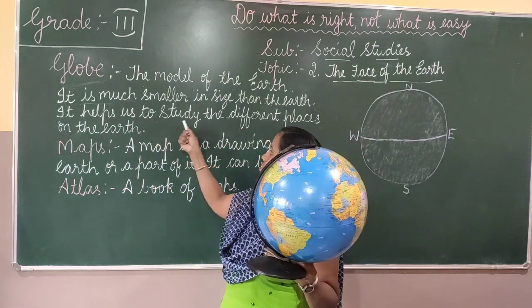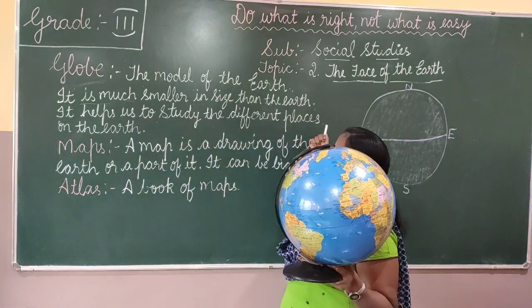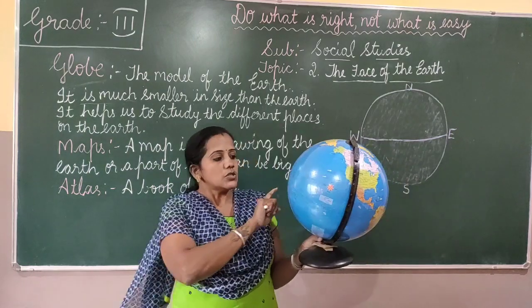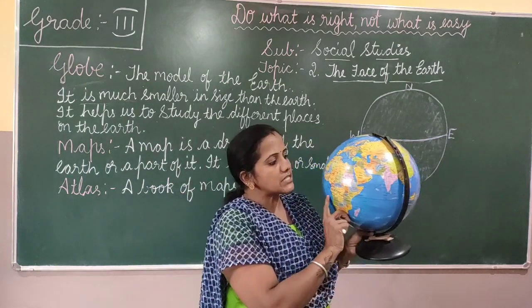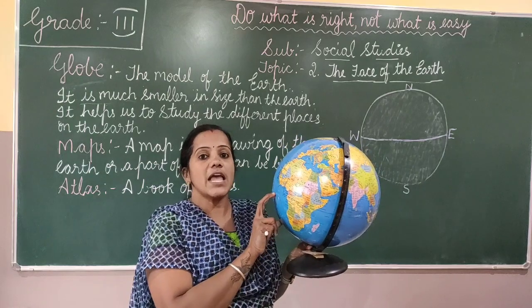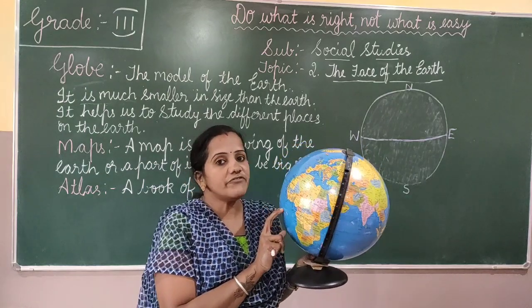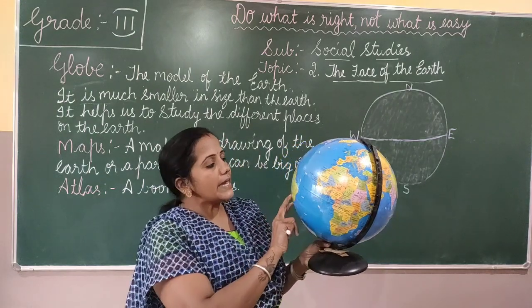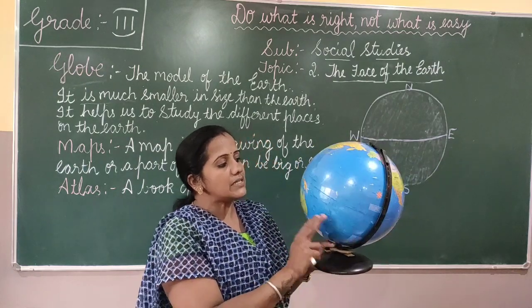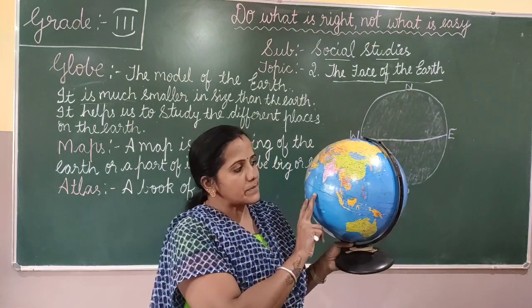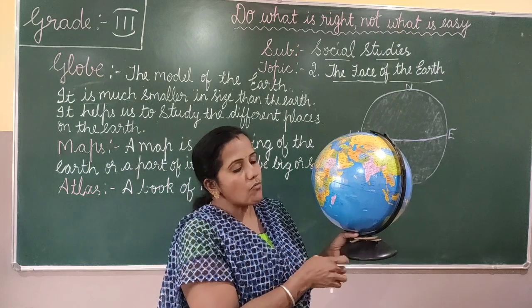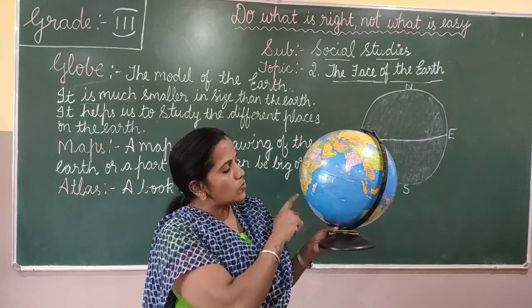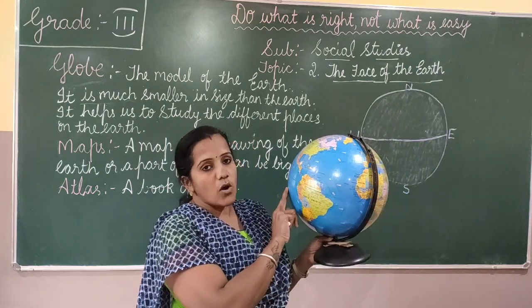So it helps us to study the different places of the earth. You can see here different places of the earth, and we can also see different colors on the globe, which represent the places and the water bodies. This blue color all represents the water bodies.